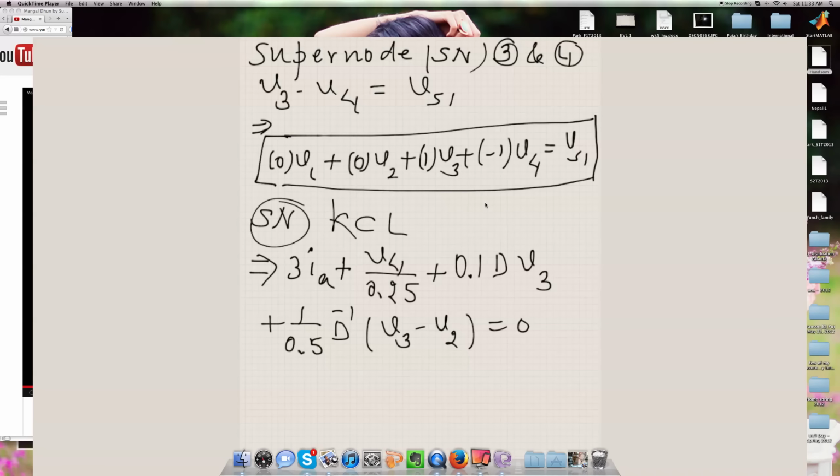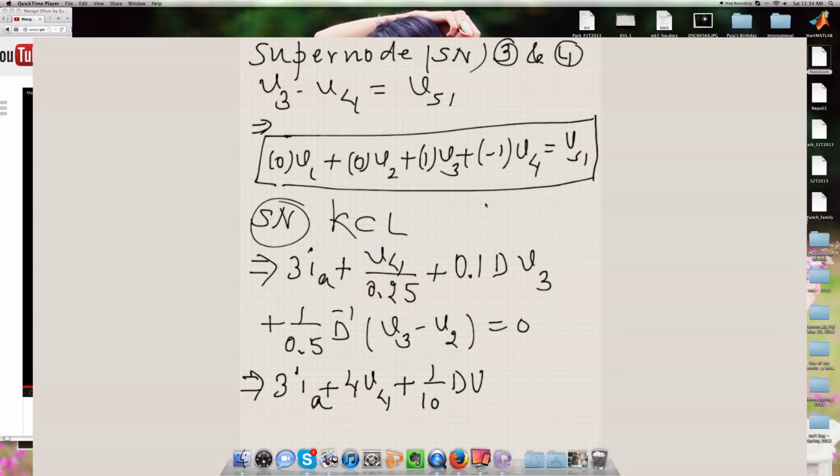Time to simplify. So this will give us 3IA, plus 4 V sub 4. If we like to express 0.1 as 1 over 10, I think we could. Or we may do that.